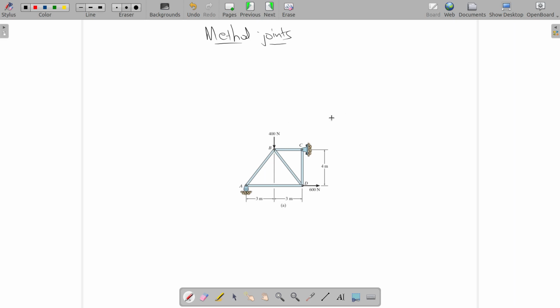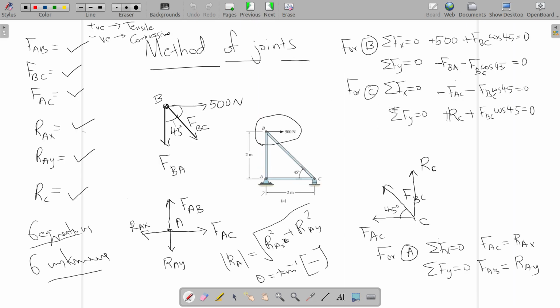Take out each joint. See, you have FBC here. Of course, you can assume tension or compression, but let's say I'm assuming tension in all members. So this is FBC and you have FCD. In the previous problem, if there is any mistake, please do let me know, maybe in the direction or some cosine components.